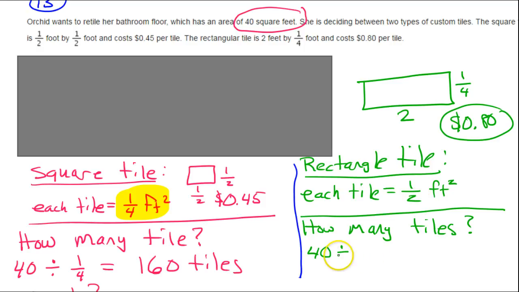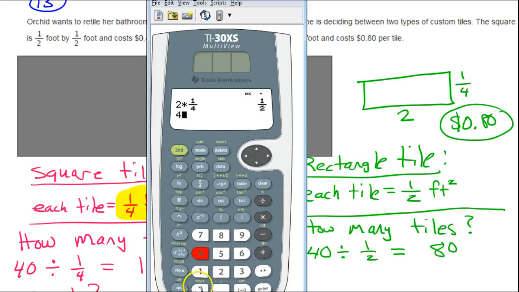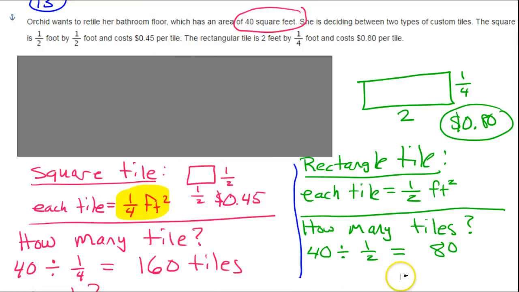So 40 divided by 1/2, that should tell me how many tiles. So that's going to be 80. Okay, so I'm going to need 80 tiles.